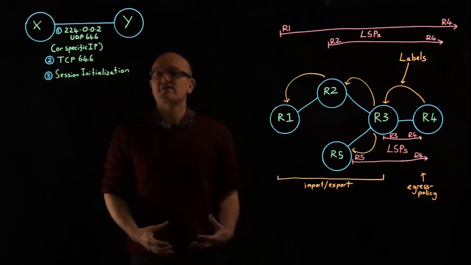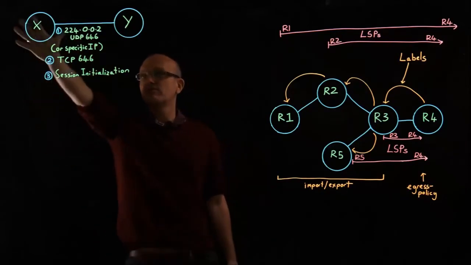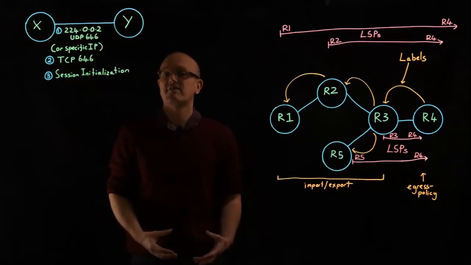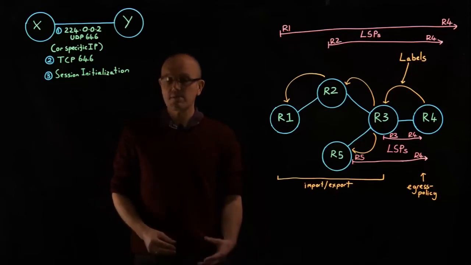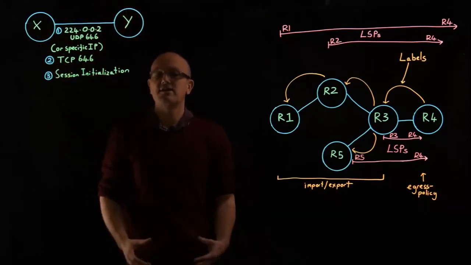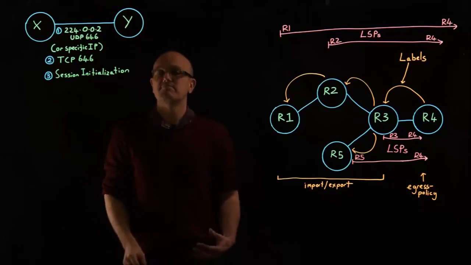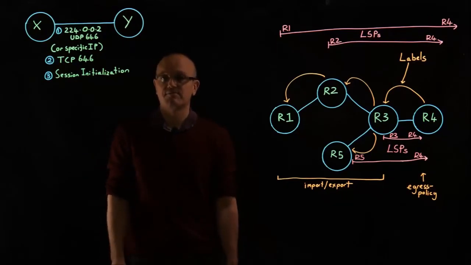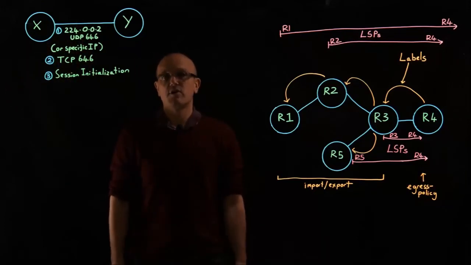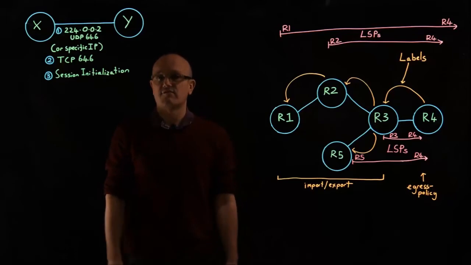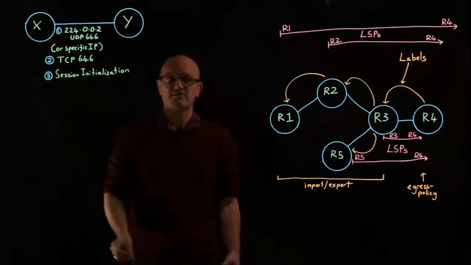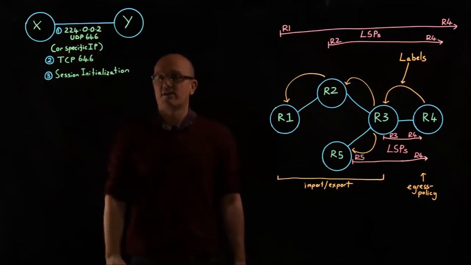This discovery process allows routers that are enabled for LDP to discover each other and to discover each other's IPs. So this basic discovery process goes on, and we find out the IP addresses of our immediate LDP neighbors. There is an alternative to this basic discovery process, which is to use the extended discovery process, where we have specified an explicit IP address rather than using a multicast address.